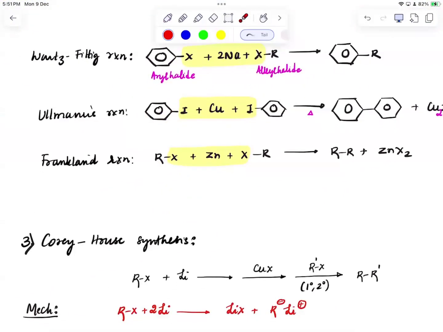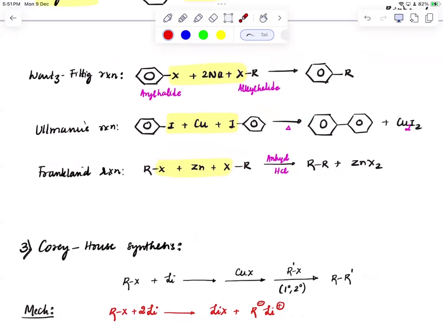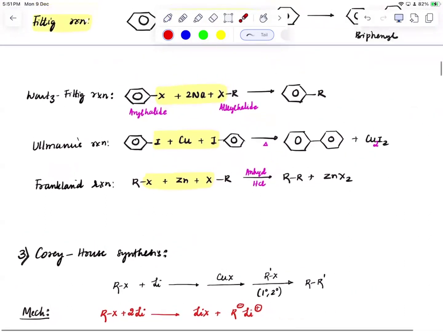In the Frankland reaction, if you are using zinc and anhydrous HCl or something, in that case zinc will give out ZnCl2 and couple these two, and you'll get this as R-R. Got it? This is called Frankland's reaction.